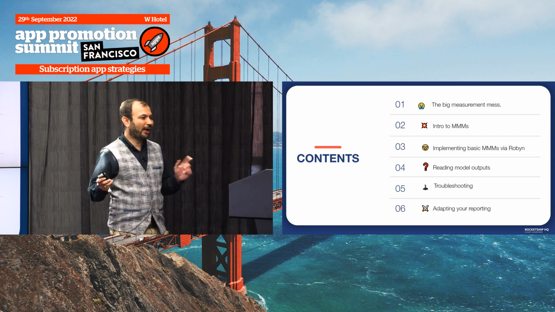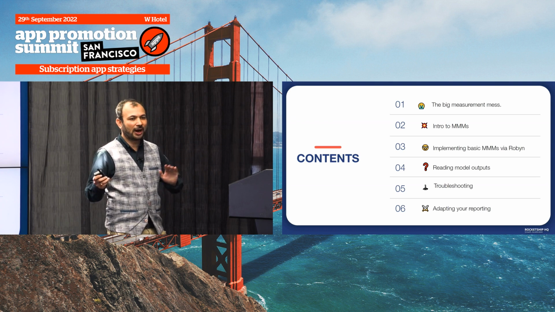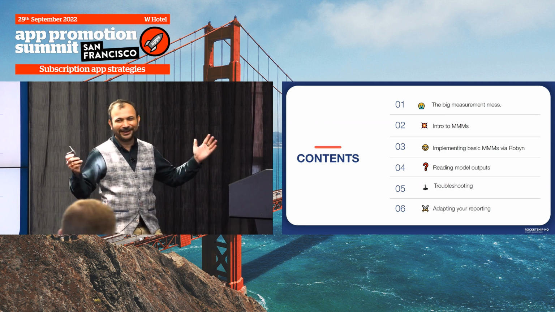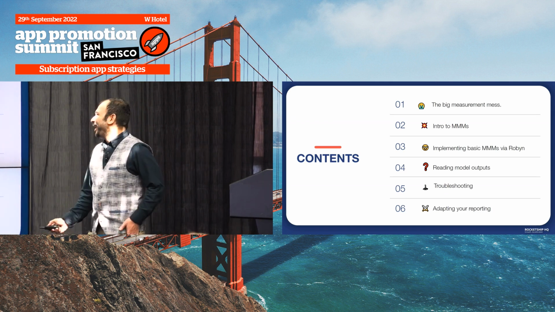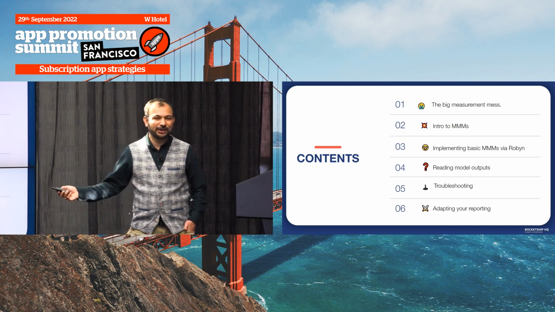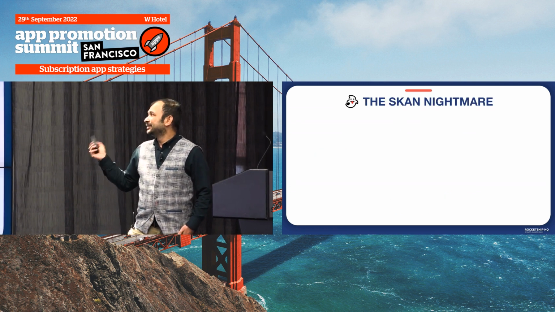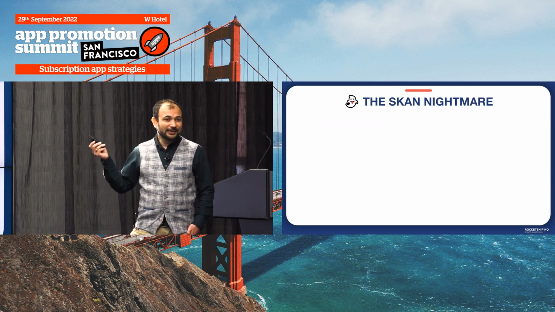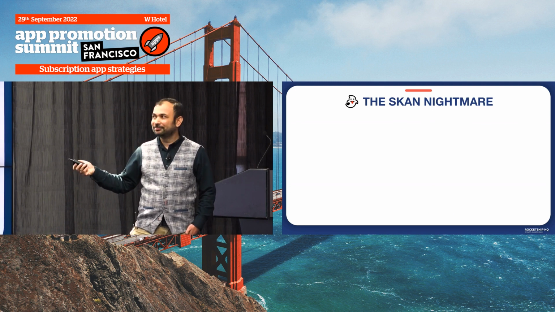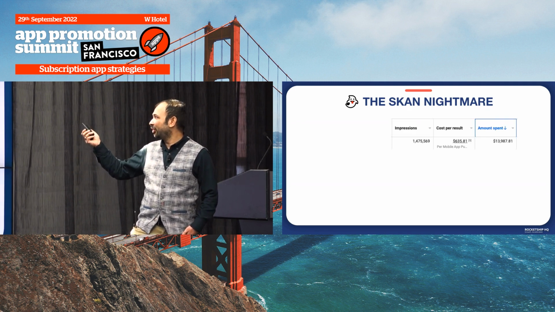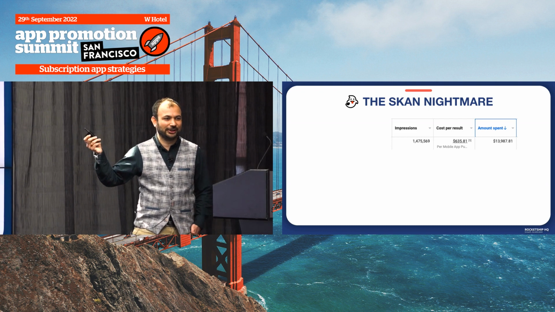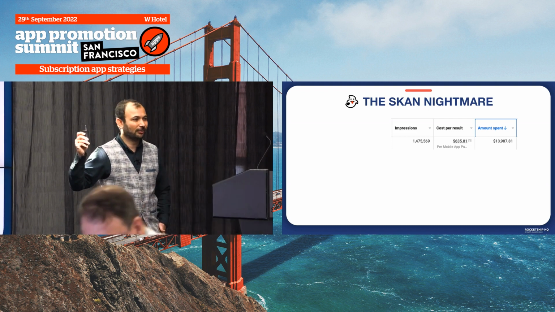How many of you, if I have to take a pop quiz, are really happy with how your measurement is going on iOS just now? Nobody. How exciting. Yeah, right? That's the big measurement mess. SKAN is a nightmare. Some folks we work with see cost per purchase of 630, 1,000, 2,000, what have you.